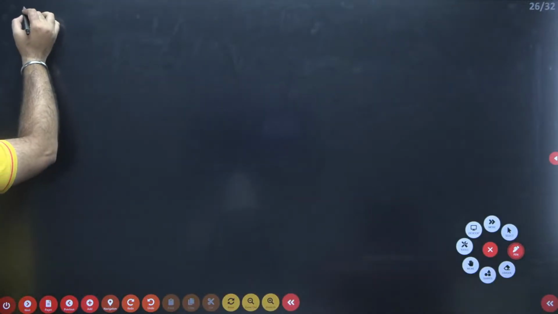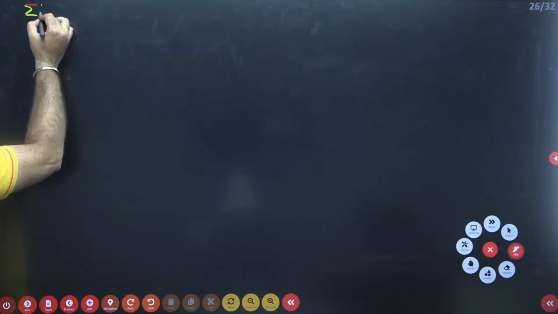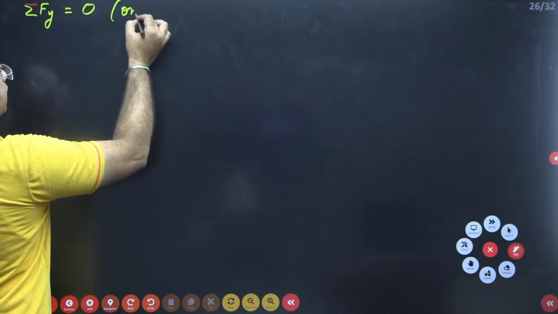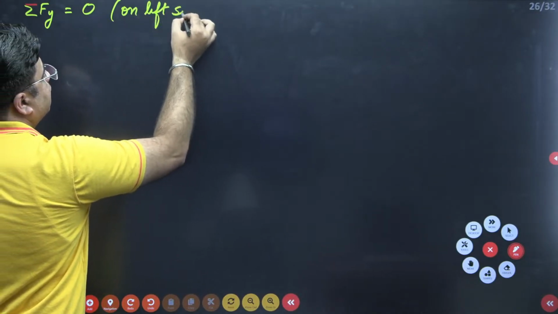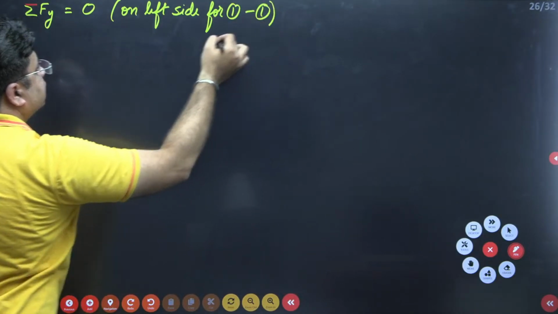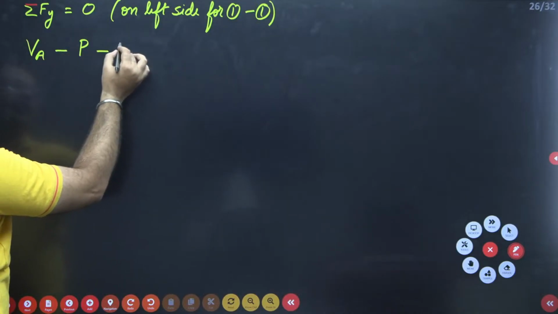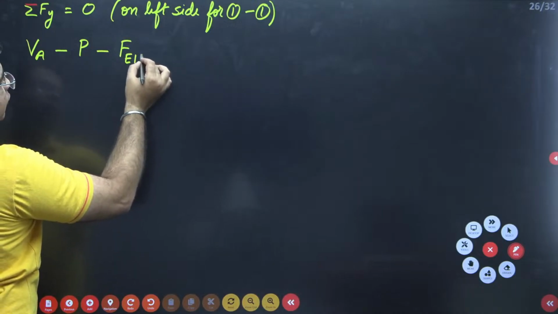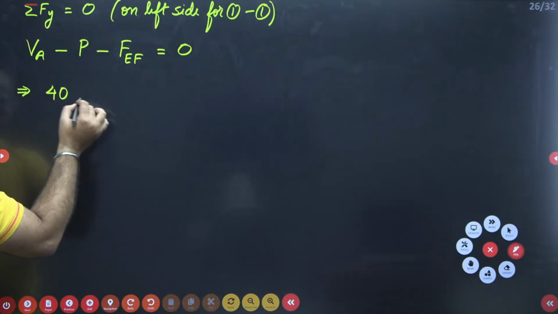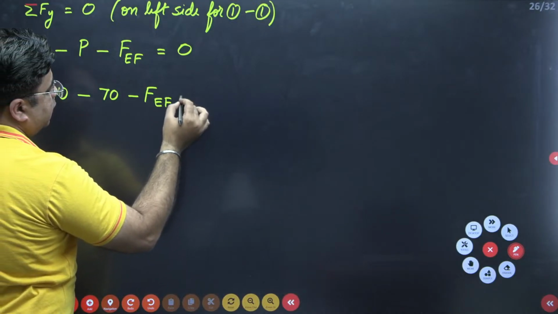So I'll take summation of vertical forces should be equal to 0 on left side for section 1-1. So I have VA acting upwards, then I have P acting downwards, then I have EF acting downwards, and this should be equal to 0. So VA we have just now calculated 40 minus P, which is 70, minus EF. This should be equal to 0.